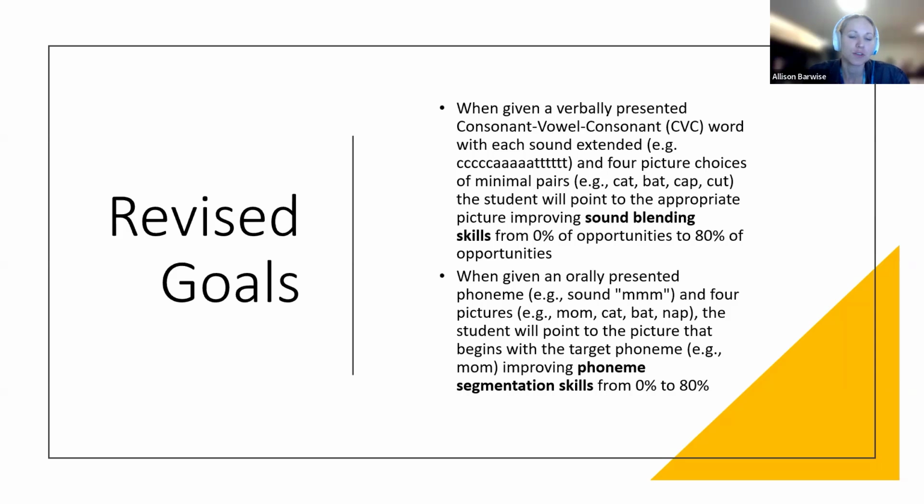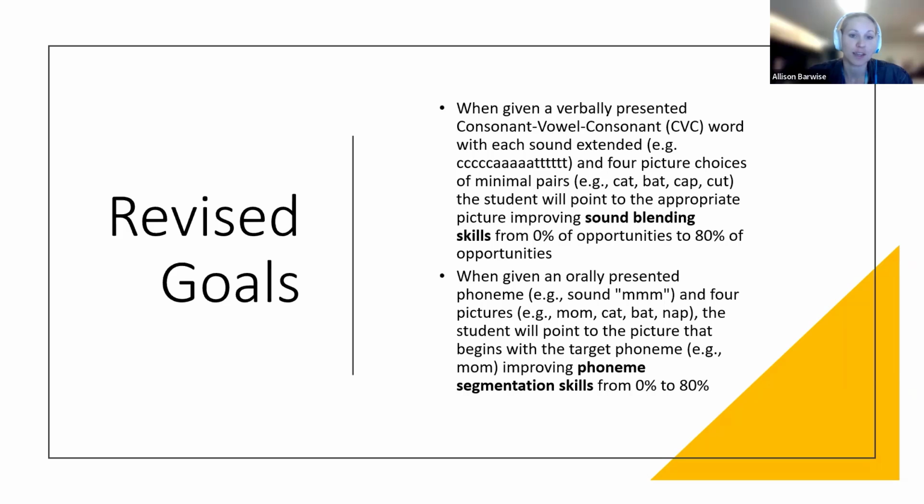And then we also chose to target phoneme segmentation. So similarly, in traditional literacy instruction, you would ask the student to tell you the first sound that they hear in a word. But if they're not able to produce that isolated phoneme due to a number of different reasons, you can again switch it to the receptive format of putting 4 different pictures down that all have a different first phoneme.